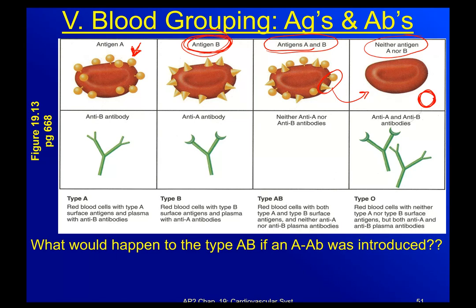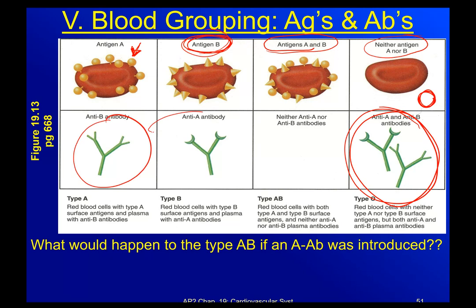If there's nothing on the surface here and all of a sudden you see something that has something on the surface, yeah, no. Your body's automatically going to respond and make these antibodies because it's not used to seeing that, and that's foreign. That's not supposed to be there. So what would happen if type AB, to type AB, if this antibody were put inside of it?